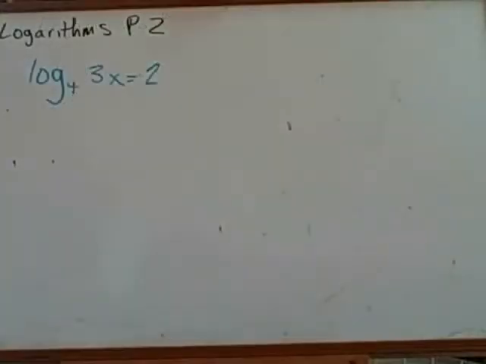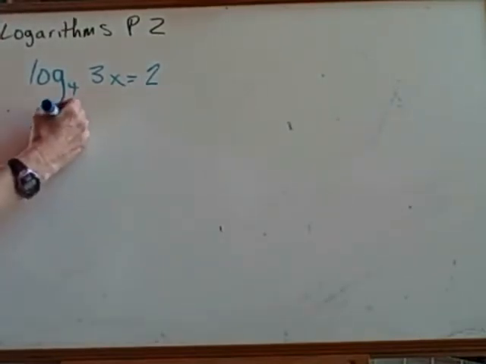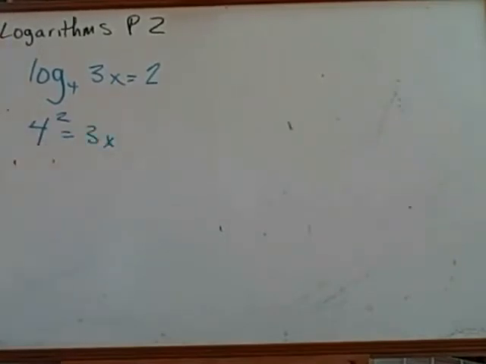All right, we're on our third example on page 2 on logarithms, and this is a log of a different base. And so, since our x is here in the middle, we're going to go ahead and put it in exponential form. And so we're going to lean to the left, and what's the first one you see? 4. And we're going to lean to the right, and what do you see there? 2. And that's going to equal the middle.